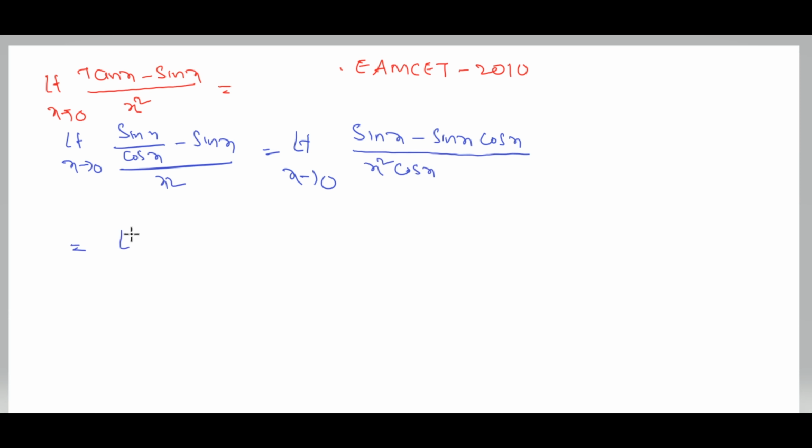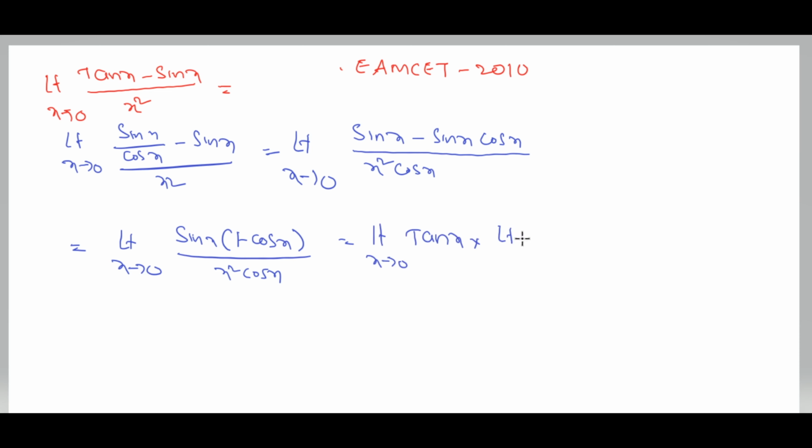Take sin x common: (1 minus cos x) by (x square into cos x). Sin x by cos x is tan x, so limit x tends to 0 tan x into limit x tends to 0 (1 minus cos x) by x square. This limit, (1 minus cos x) by x square, has value 1 by 2. Tan 0 is 0, so 0 into 1 by 2 is 0.